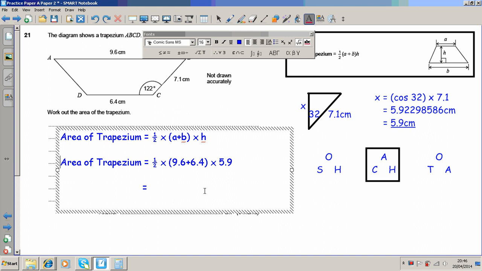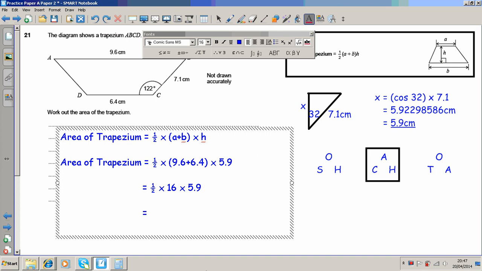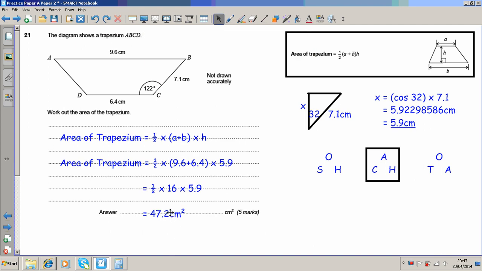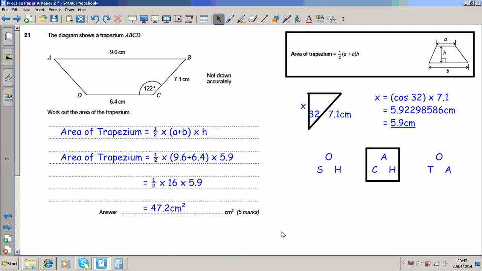So 9.6 plus 6.4 is 16. And if we type that into a calculator, we'll get the area, which is 47.2 centimetres squared. And then we're there.